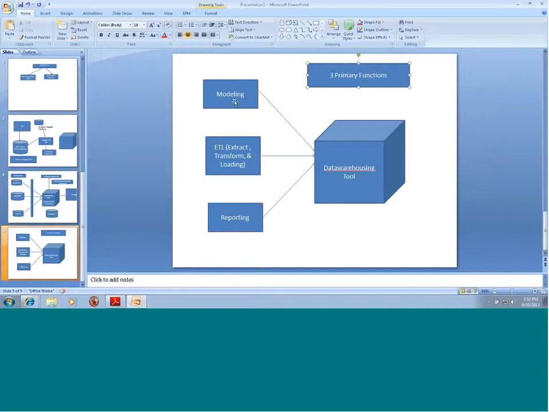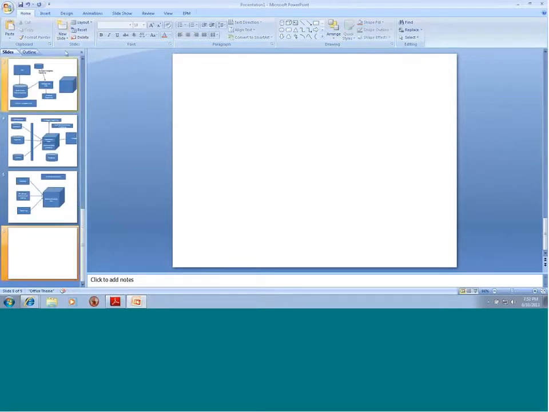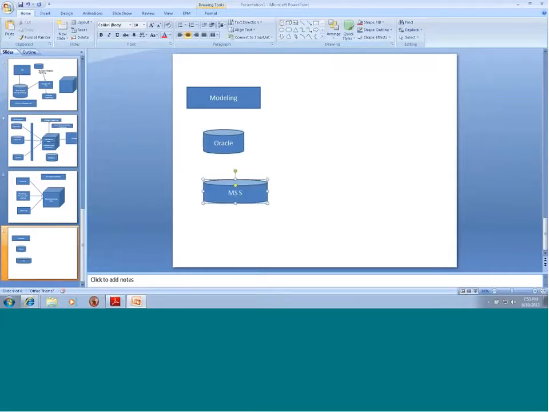So let's quickly go into the details of what the modeling, ETL, and reporting processes do. Modeling is nothing but, let's say I have a traditional database which is Oracle. I have another database sitting on Microsoft SQL Server, and I have my target data warehousing system sitting here.